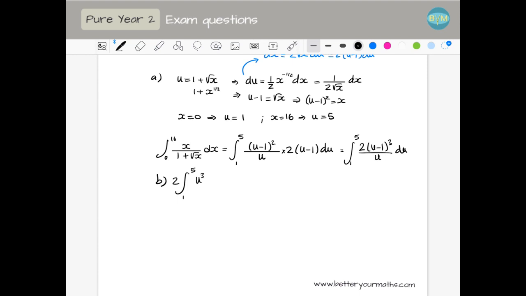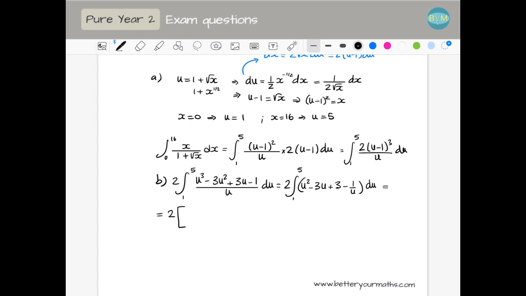So I have u cubed minus 3u squared plus 3u minus 1 all divided by u du, which means 2 integral between 1 and 5. I'm going to divide all by u, so I have u squared minus 3u plus 3 minus 1 over u, all du, and now I'm going to integrate because it's quite easy.